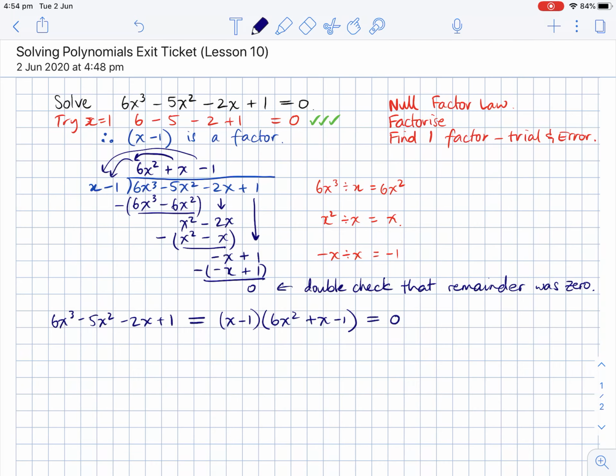So my next step is, now that I've got my first factor and I've done division, now I need to factorise the quadratic. Now again, some of you will have shortcut methods for doing this and you'll be able to do it via inspection.